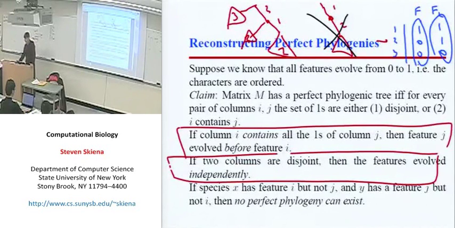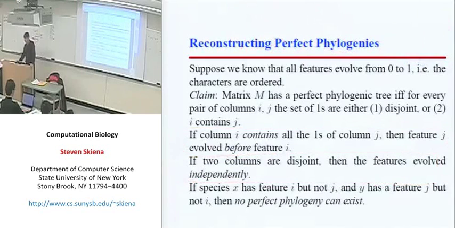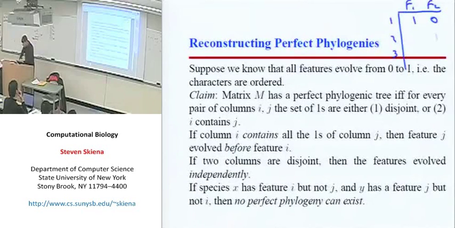What is an example of a 3-species, 2-feature world that could not exist with a perfect phylogeny? Here we've got feature 1, feature 2, species 1, 2, and 3. What kind of a situation couldn't exist? Think 1, 0, 0, 1, 1, 1.